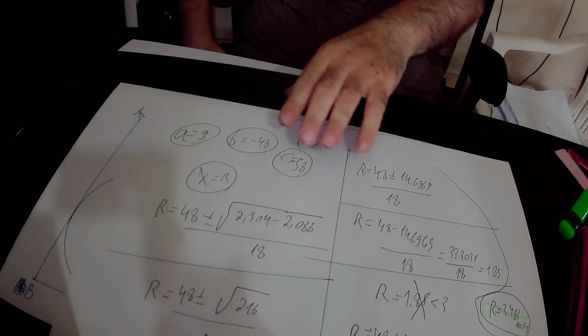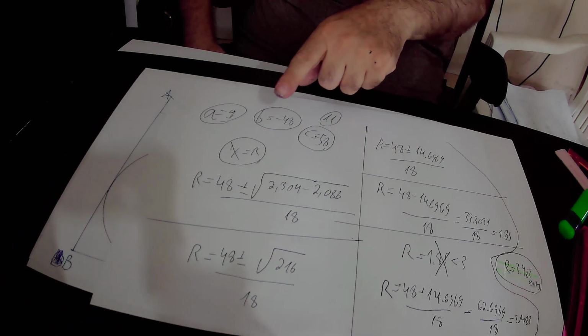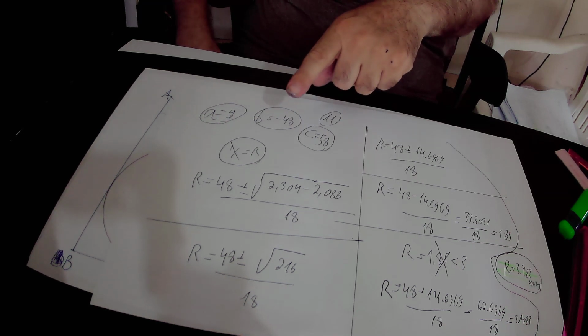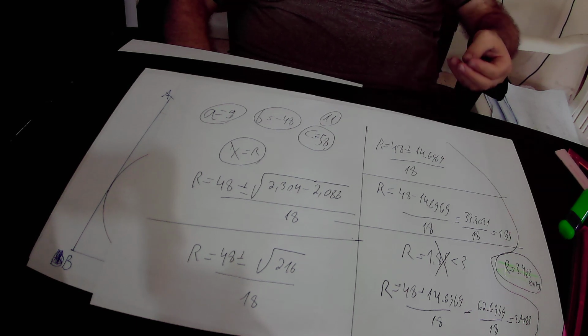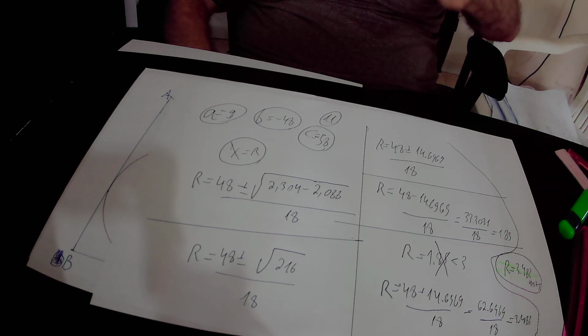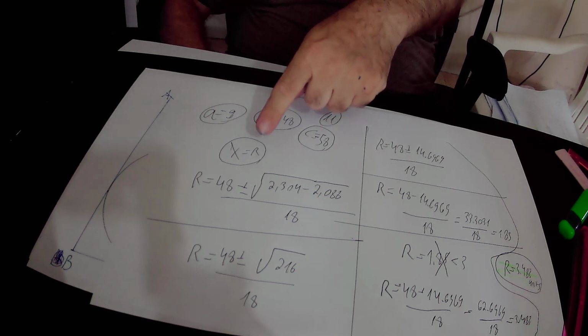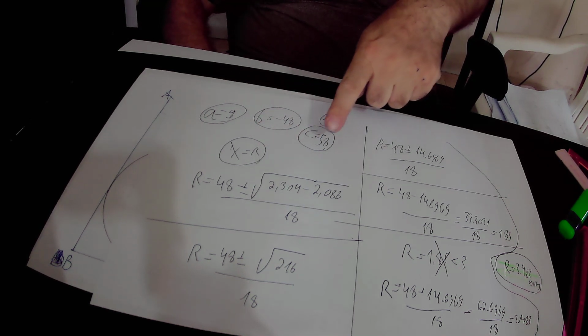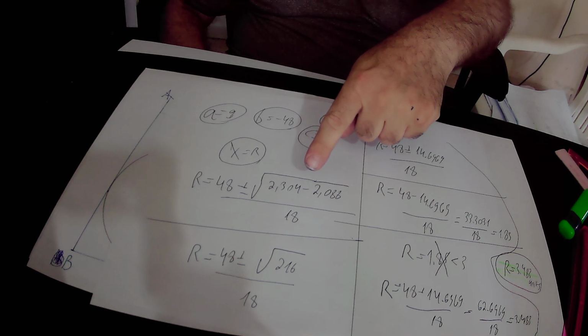So here x equals r, so we put the data inside the formula for x and find the value of r. R equals minus b. b is equal to minus 48, therefore minus b will be equal to 48, plus minus square root of b squared. b is minus 48, so b squared is 48 squared, that is 2304.